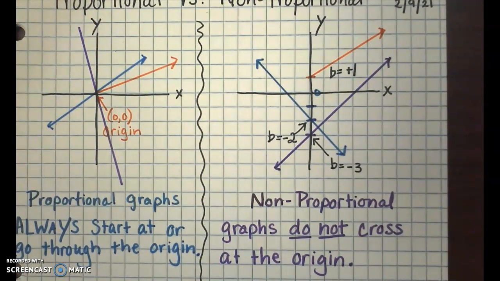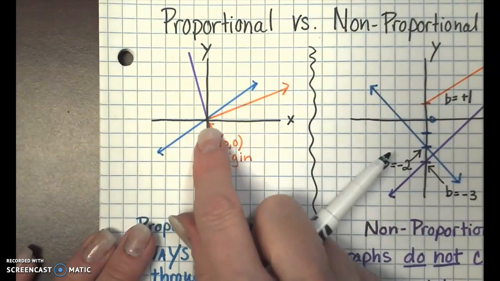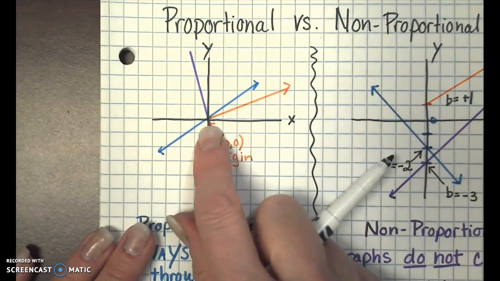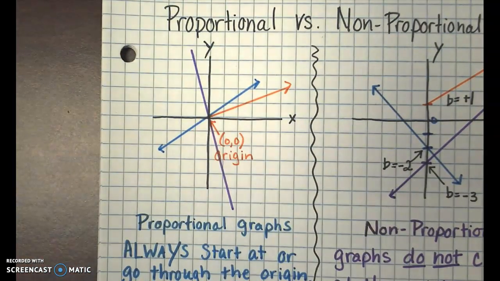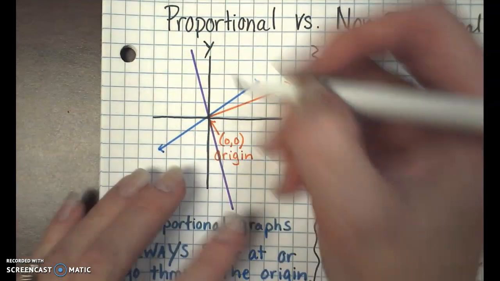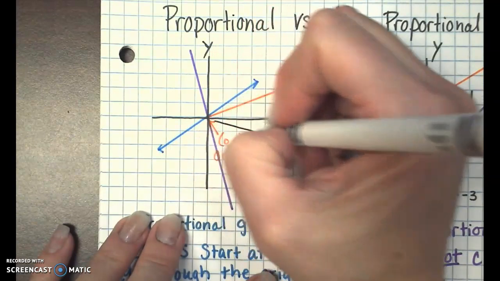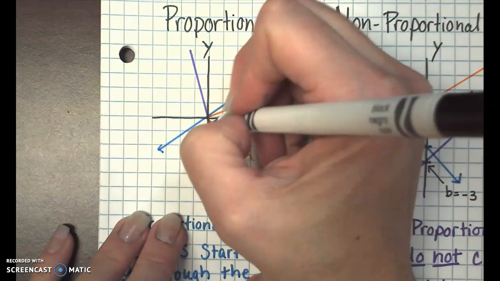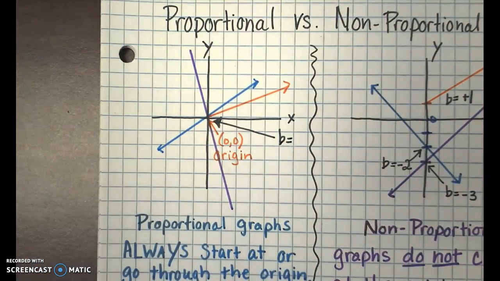What about over here? Where are all of these lines crossing the y-axis? The origin, right? So that means that the b value is what number? 0!